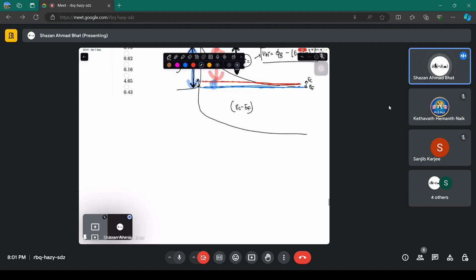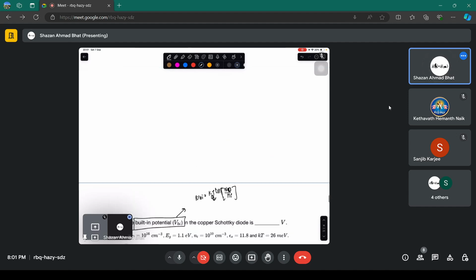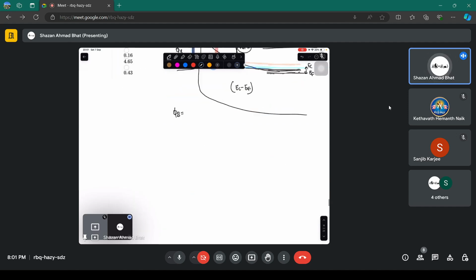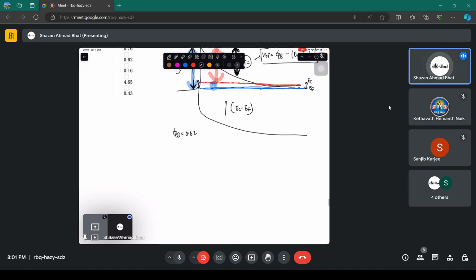Now we just have to put in the values. Phi b, I think it's given as 0.62, or we found it in the last question. Now, how are we going to compute EC minus EF? You can compute it directly using the equations of the diode, or you can compute it this way.